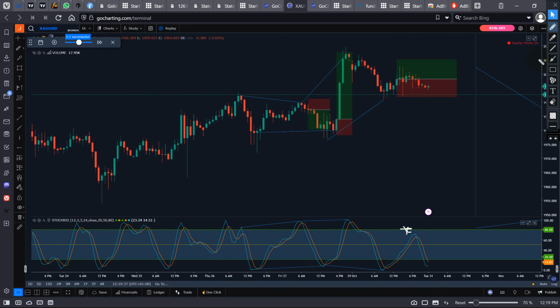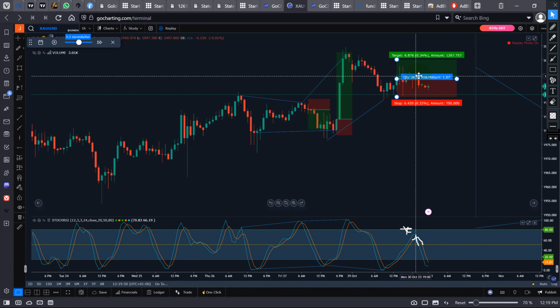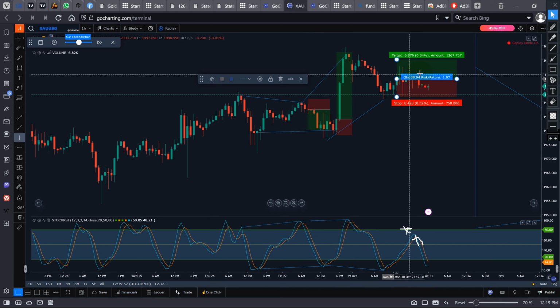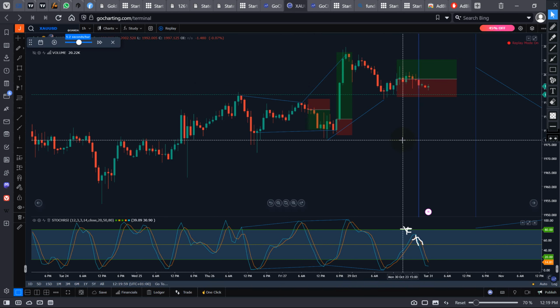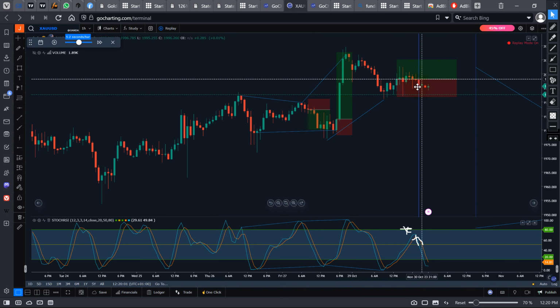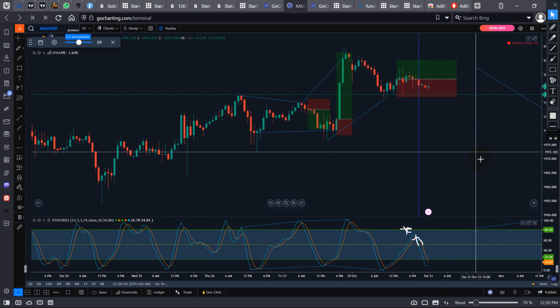Here, as soon as this turned to go down like this, where you see this crossover, where the red and the green crossed over, which coincides with this point on the chart. This point here, this red candle. Let me draw a vertical line, which coincides with this red candle here. This is where I should have closed some portion of my position.